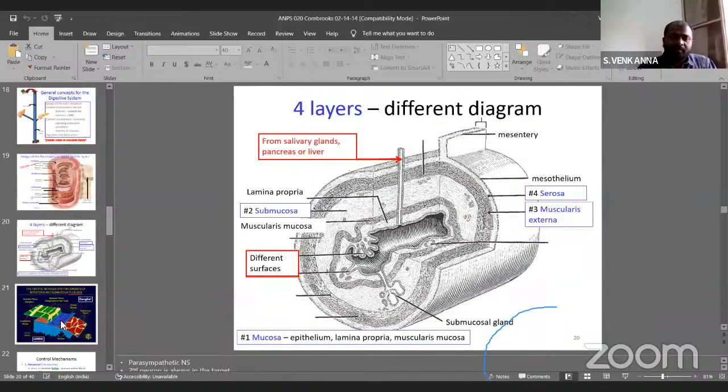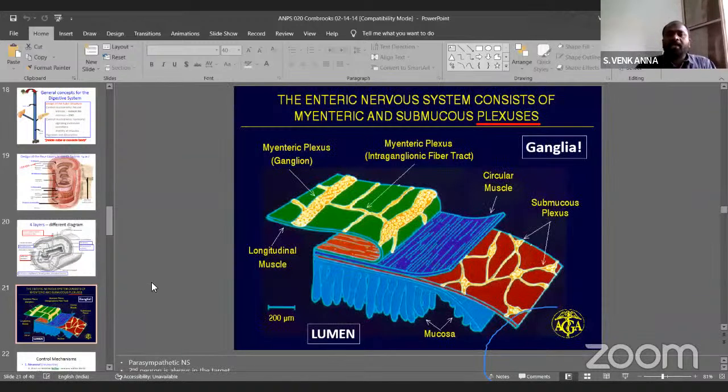See this slide clearly. The enteric nervous system consists of the myenteric and submucous plexuses and ganglia. The complete upper layer is called the ganglia. Then the inner layer is called the lumen.